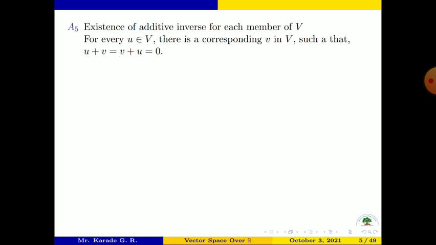In this case v is called the additive inverse of u, and that v is denoted by v equal to minus u. So keep in mind. The fifth condition is over.